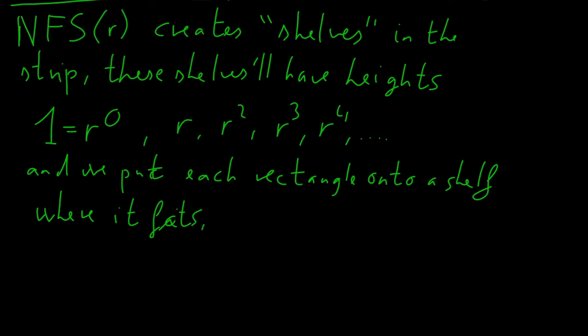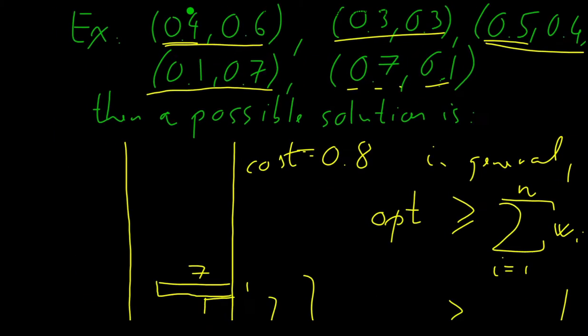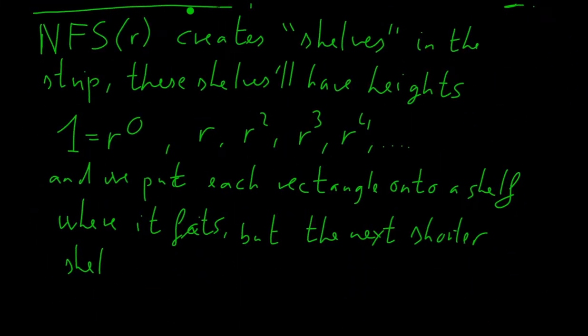But the next possible smaller shelf is too short, so the next shorter shelf has a smaller height than the rectangle.